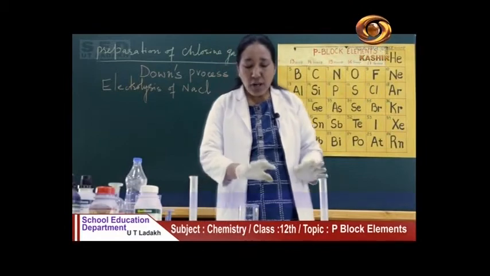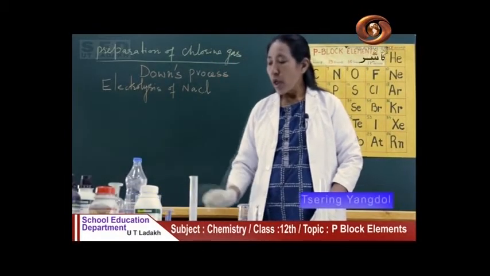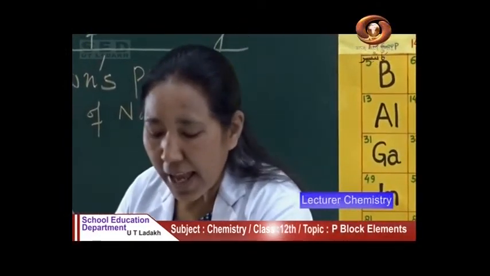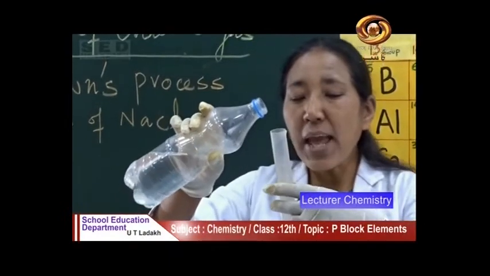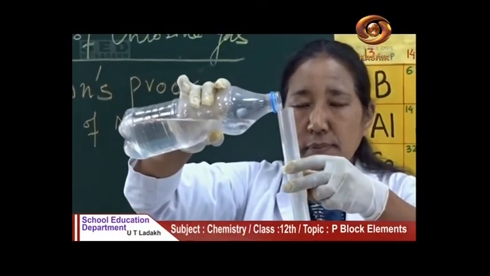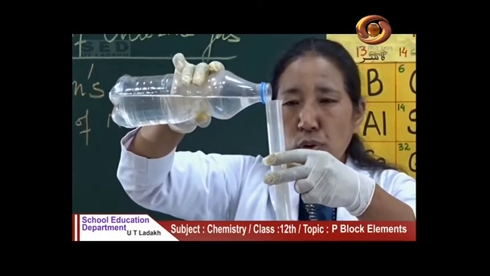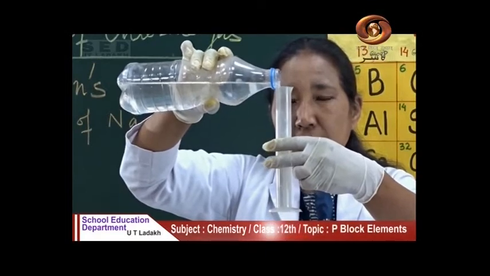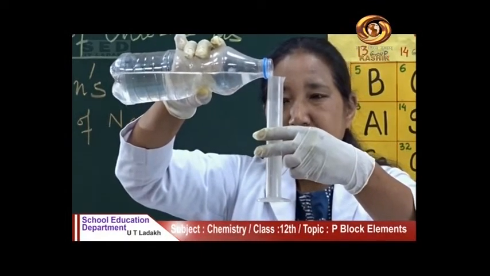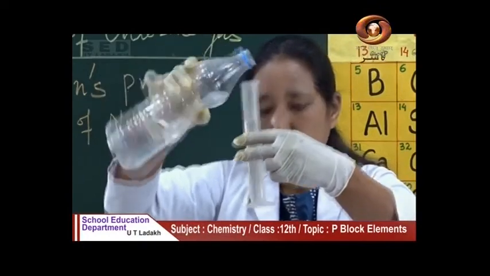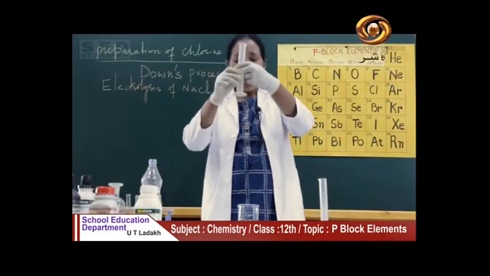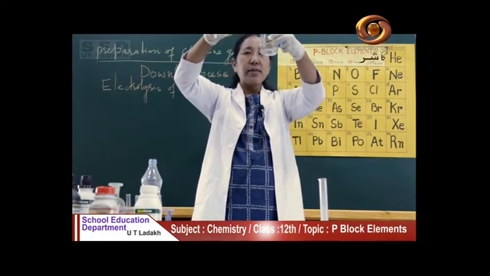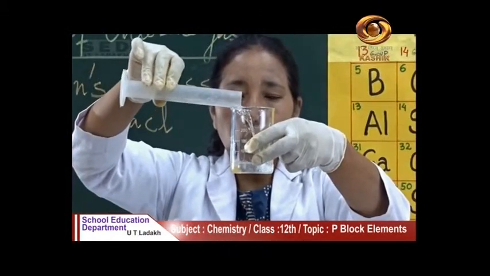For the electrolysis of NaCl, we need around 50 to 100 ml of water. I will use a measuring flask and take an exact measure of 50 ml. It will be transferred into a beaker of 250 ml.